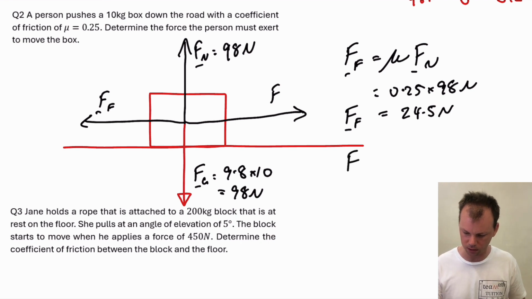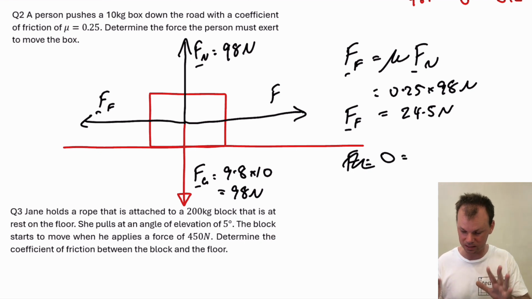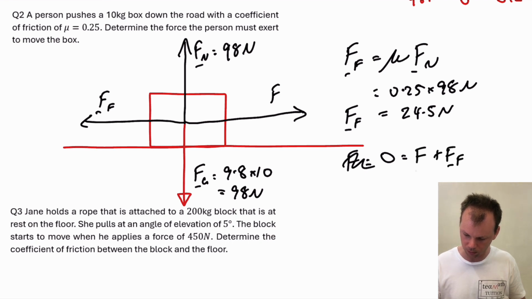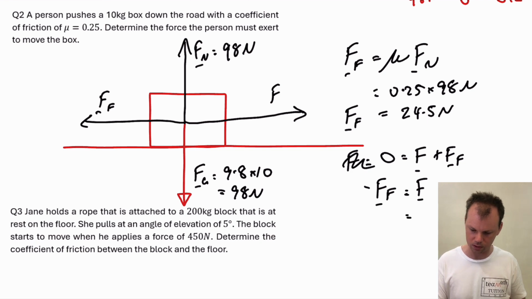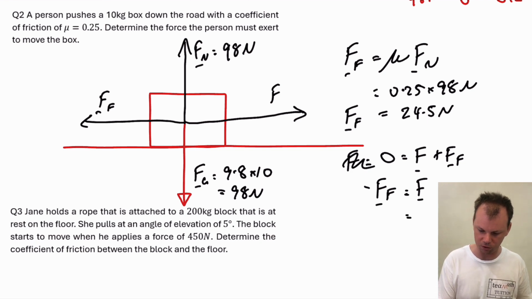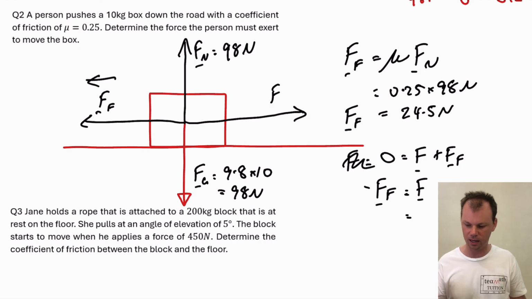So if we wanted to show this fully written out, at the point of motion, we've got a net force of 0, but it's just slightly more than 0. That equals the force plus the frictional force. So the force equals negative frictional force, which equals, so that's 24.5 newtons in this direction, in the negative i direction.